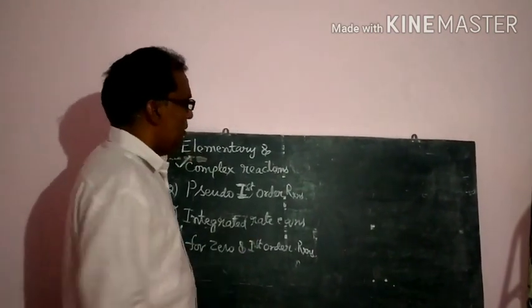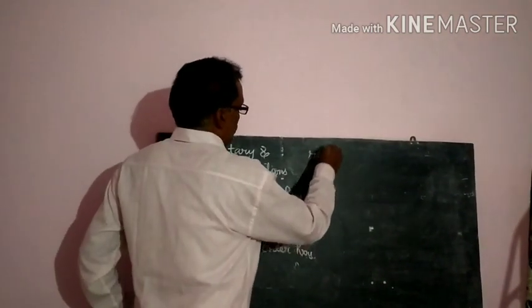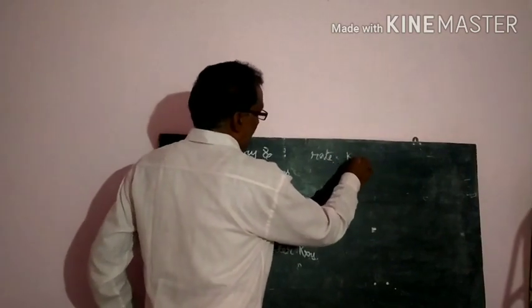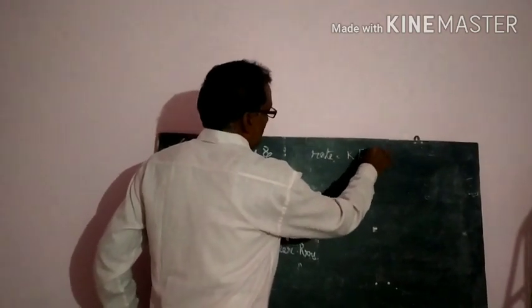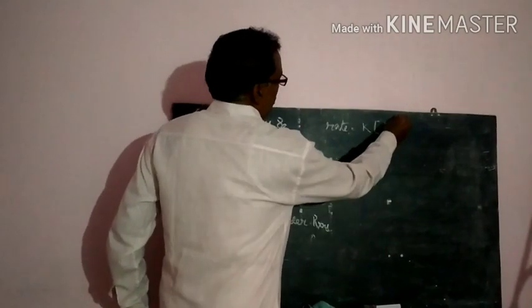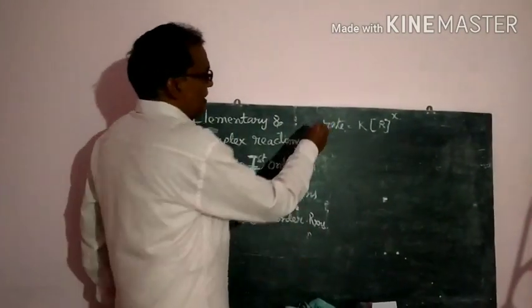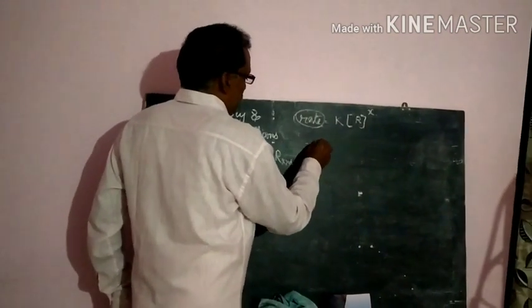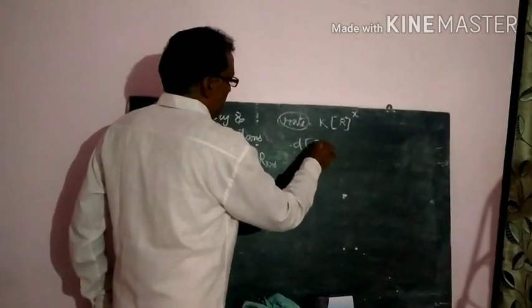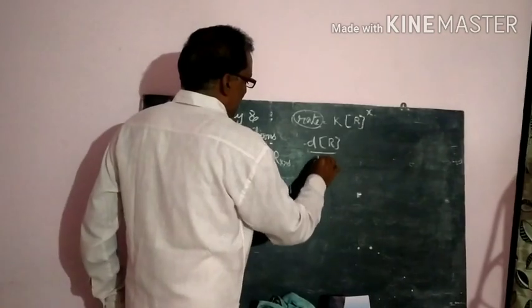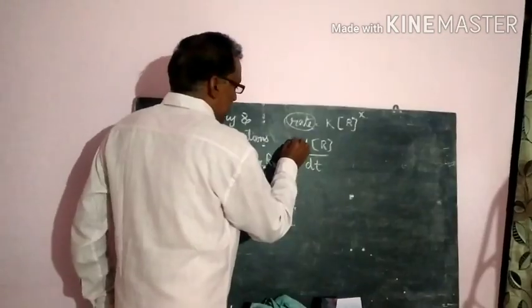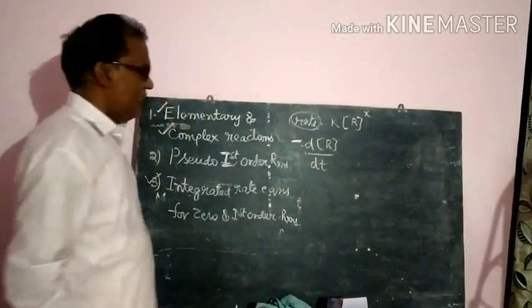Already we know that the rate law is equal to K into the concentration of the reactants raised to the power of their stoichiometric coefficients. This rate is nothing but the change in the concentration of reactants by the time taken. Since it is the reactants, we take it as minus.